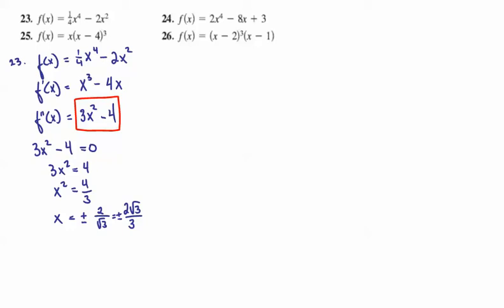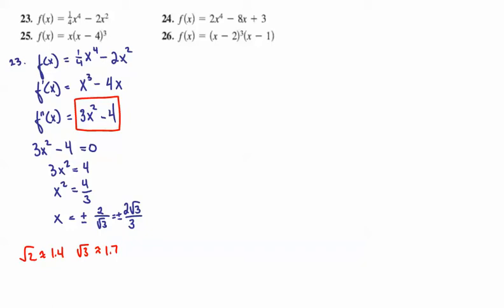Now we should have some idea of what 2 root 3 over 3 is, and I always expect students to remember that square root of 2 is roughly equal to 1.4. Square root of 3 is roughly equal to 1.7. So 2/3 of 1.7, it's almost like saying 2/3 of 18 would be 12.